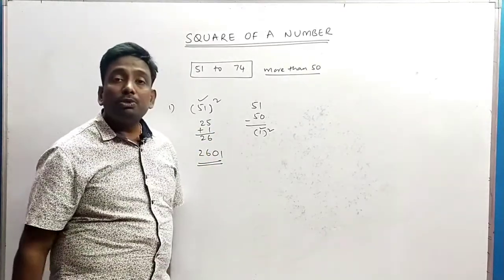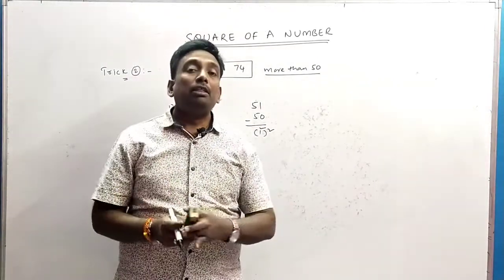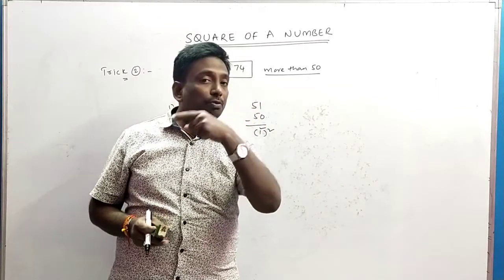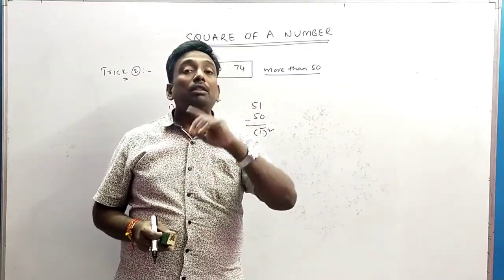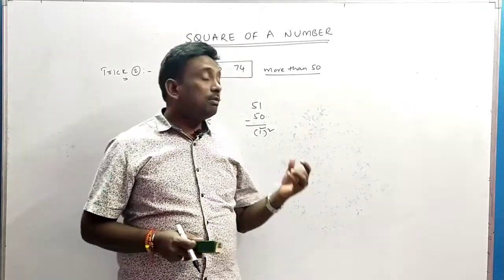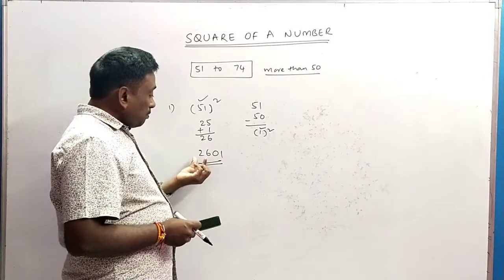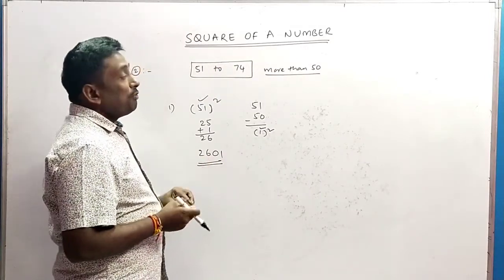That gives you 2601. If the number is more than 50, that value is added to 25. If it is less than 50, that value must be subtracted from 25. Right? Next, try to solve.